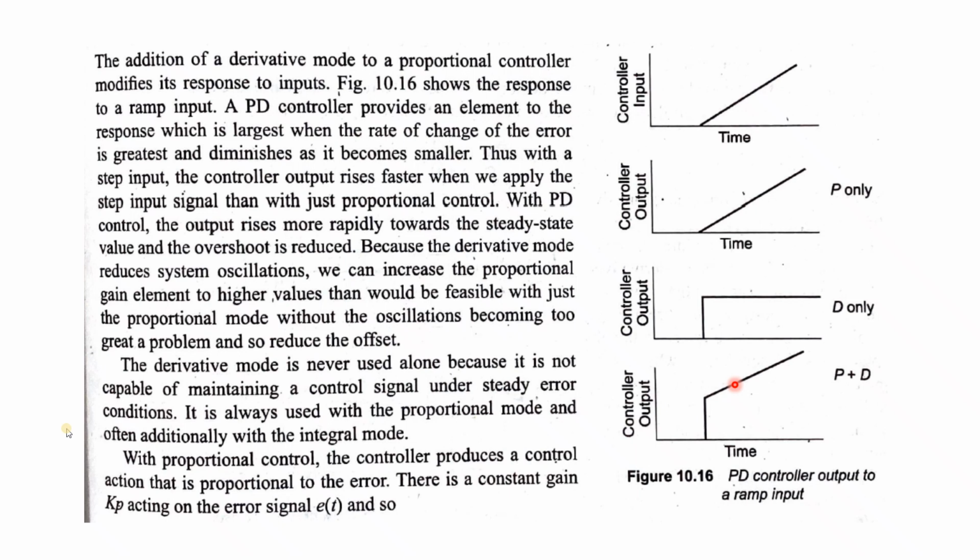That means this PD controller is giving a signal which is proportional to the rate of increase of the error, so that is why if this gain is not creating that particular problem of too much overshoot, because the overshoot is also reduced because of this derivative control. So from the equation you will be able to understand.